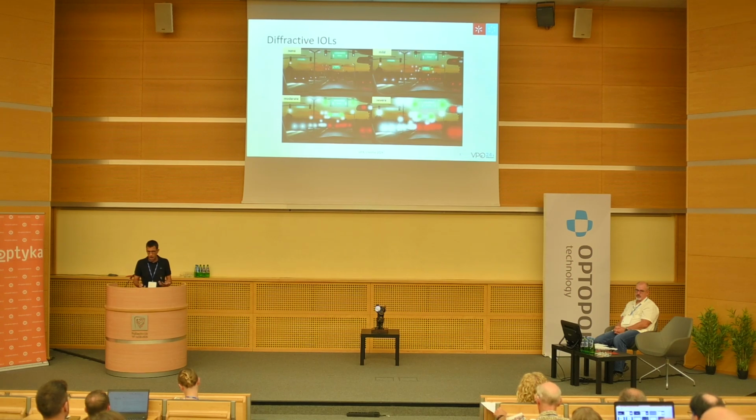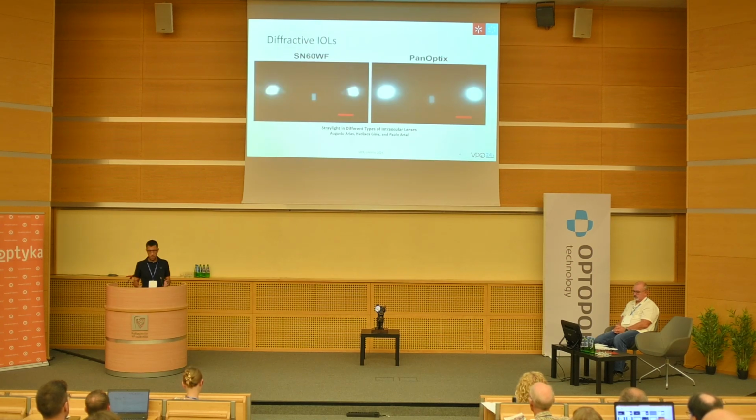But there are other issues related to the design of the lens and the manufacturing process that can be improved. For instance, here you have a very nice comparison between a monofocal lens at the left and a trifocal lens from Alcon at the right.